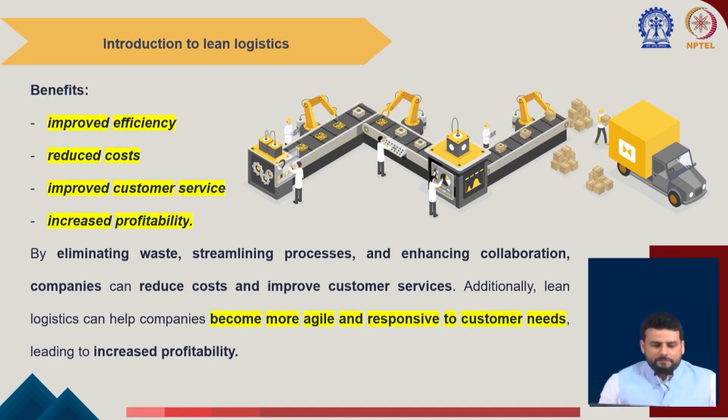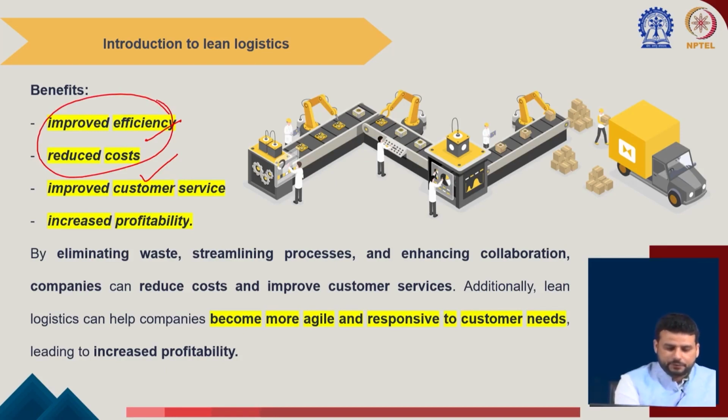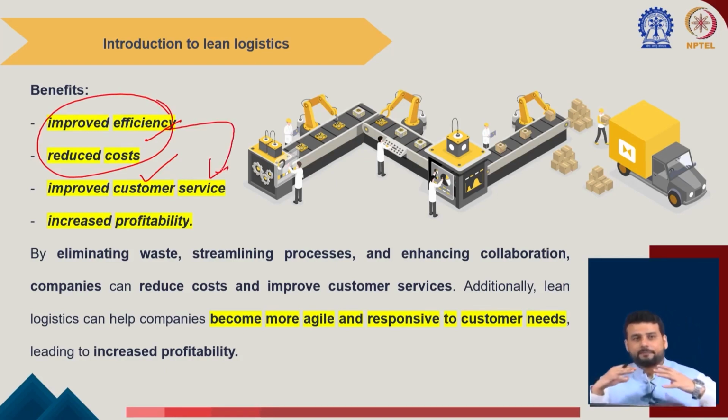So if you implement lean logistics, your efficiency will improve, you will reduce the cost, and when you are efficient and reducing the cost, obviously the customer gets the product in less time, and because you have more margin, you can keep some part as profit and share some part with your customers.